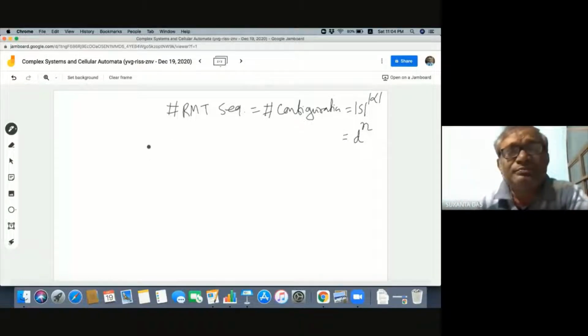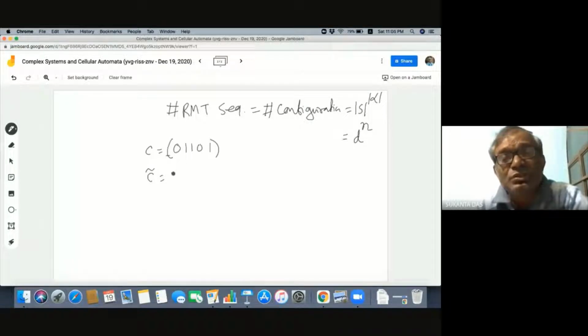So take an example again. Let me take a new example. Say I have 0, 1, 1, 0, 1 like this. Null boundary condition I have considered. So for this, what is my RMT sequence? It is 0, 0, 1, which is 1. Then 0, 1, 1, it is 3.